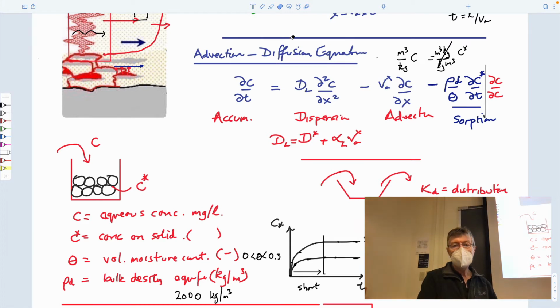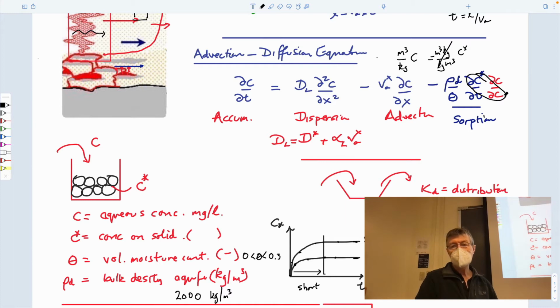So multiplying it by dc over dc is just multiplying by 1. And if I then isolate this component, we have concentration, aqueous concentration changing with time, so exactly the same units as this.